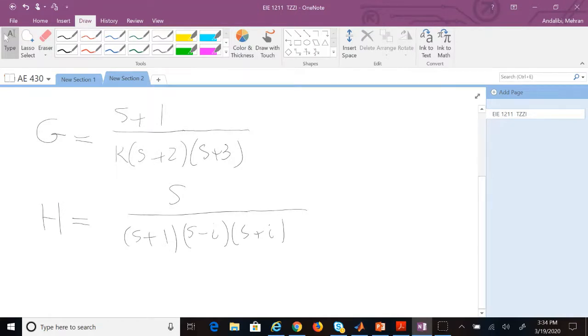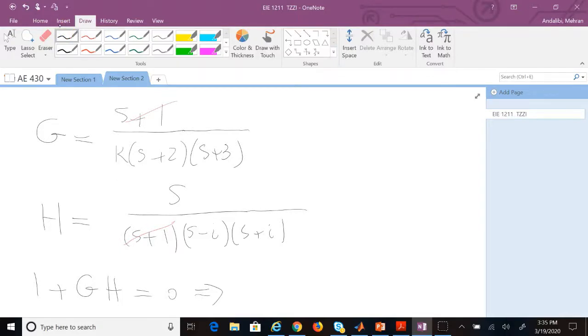When you say 1 plus GH is equal to 0, well, the first thing you might notice is this s plus 1 and this s plus 1, since when you multiply G by H, that's in the numerator, this is in the denominator, they would cancel out, okay? So that zero or pole at minus 1 is not going to do anything for us.